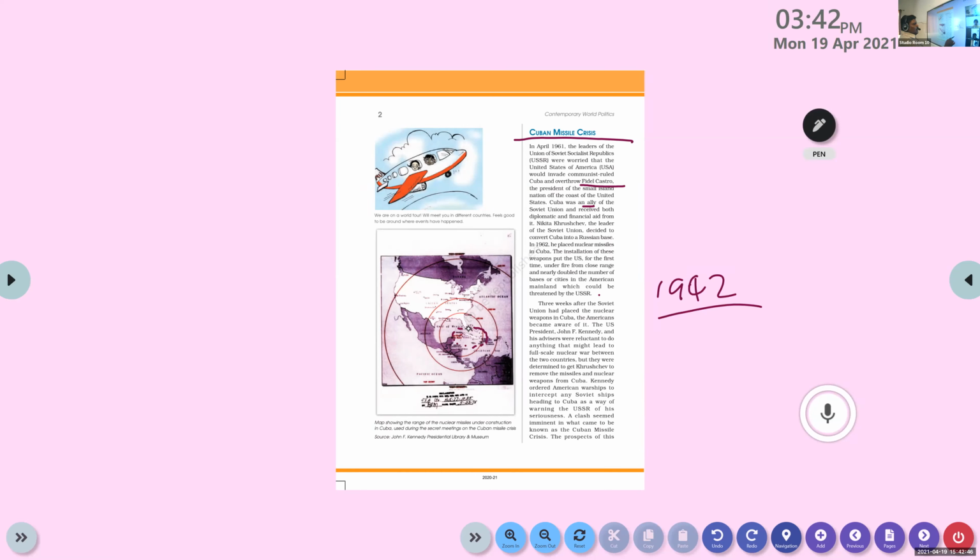Remember, Cuba is just an island. So a number of American ships surrounded Cuba and created a blockade. So Russian ships are unable to reach Cuba. So America used that strategy to stop the activity of the USSR.